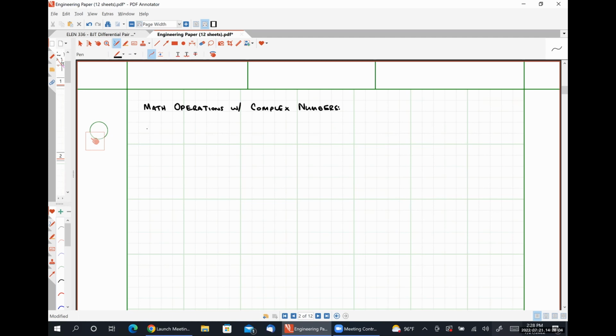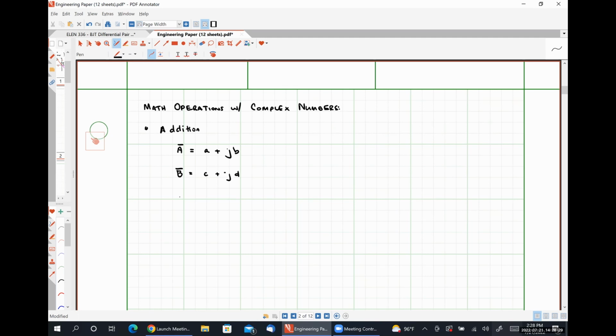So the first operation that we are going to look at is just good old addition. Let's say that I have a complex number A, which is equal to a plus jb, and a complex number B that is equal to c plus jd.